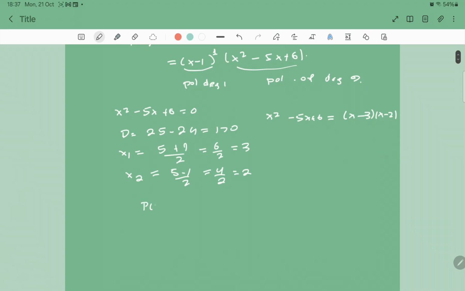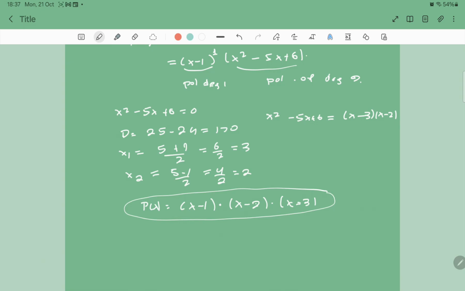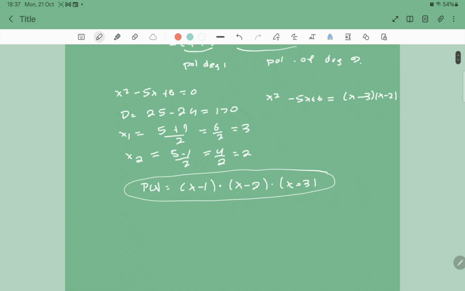So my p of x equals x minus 1 times x minus 2 times x minus 3. So I have broken the polynomial of degree 3 into a product of 3 polynomials of degree 1.